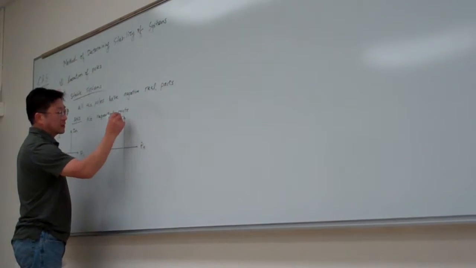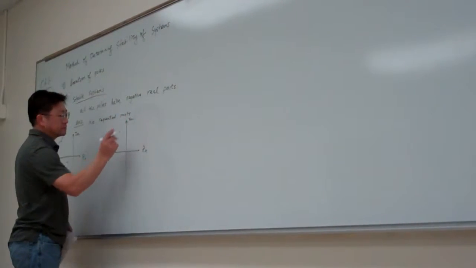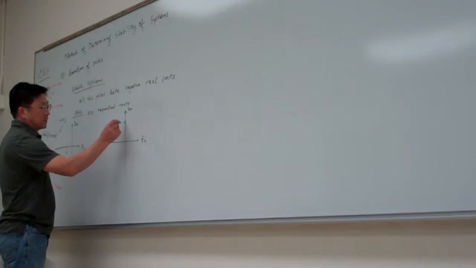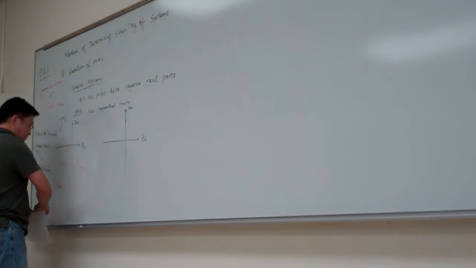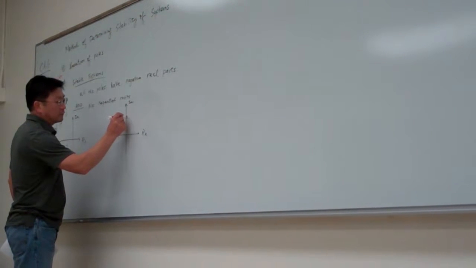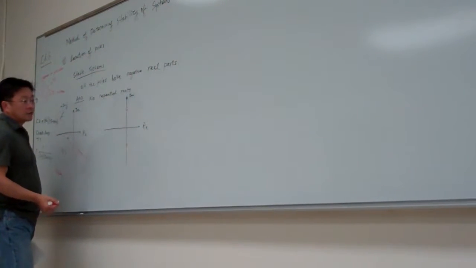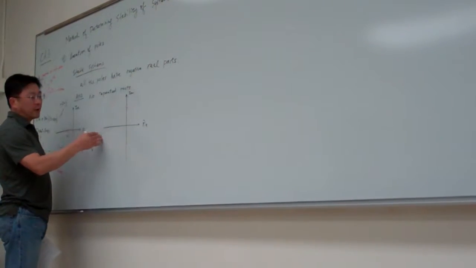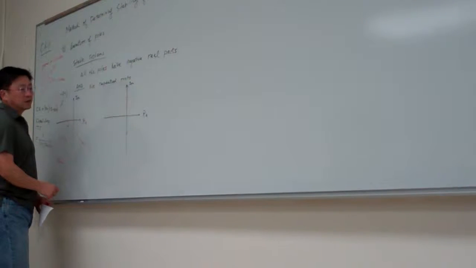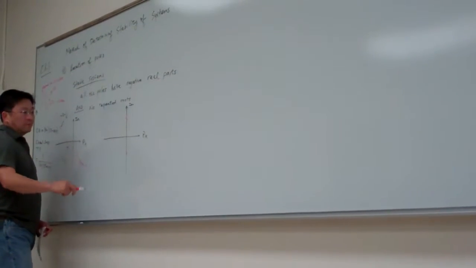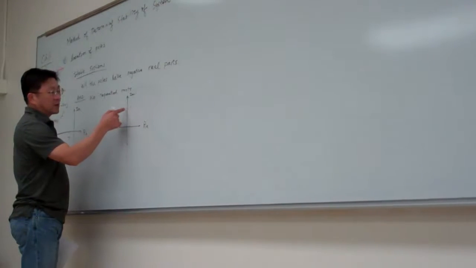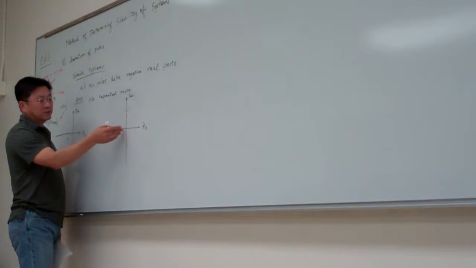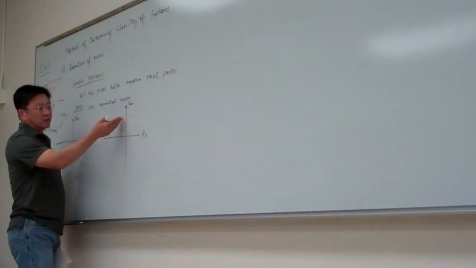So this is a complex plane. If we have two poles here, and then another one, for example, we have a few others on the left-hand side of the plane. For this case, the two poles are basically symmetric and have no real part.